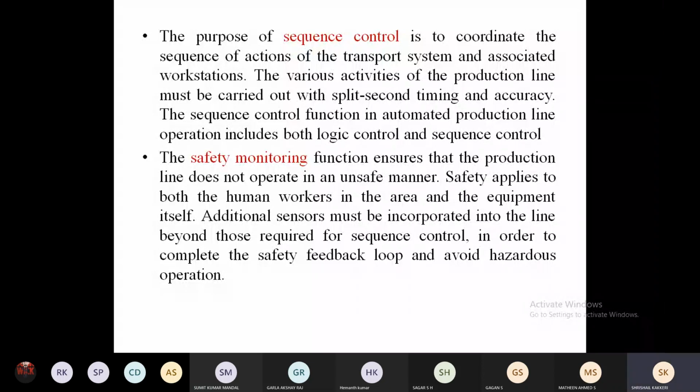So there are three levels of safety monitoring provided for workstations or robots: primary, secondary, and tertiary. The primary level safeguards the workstation or the robot itself. The secondary level is within the work volume of the robot or workstation. What is the meaning of work volume?